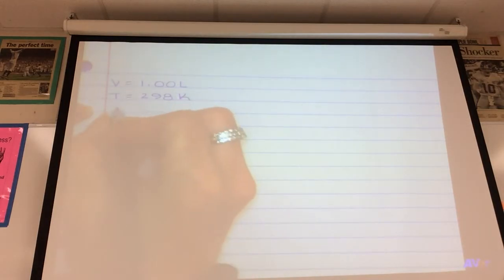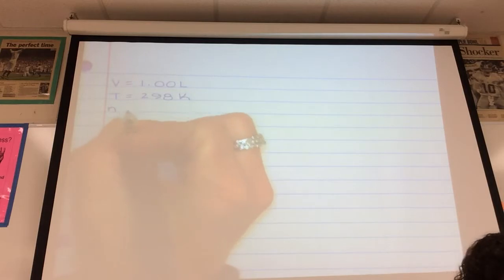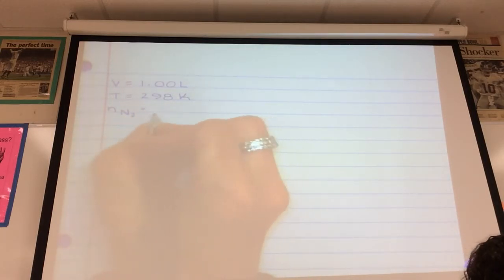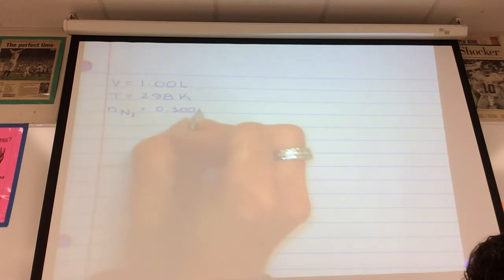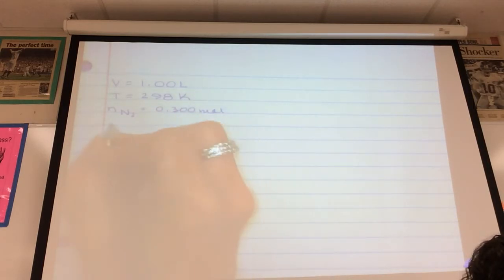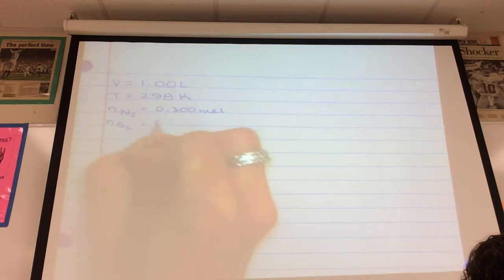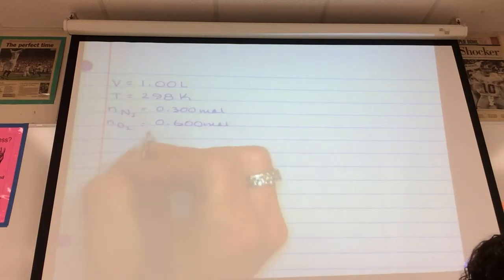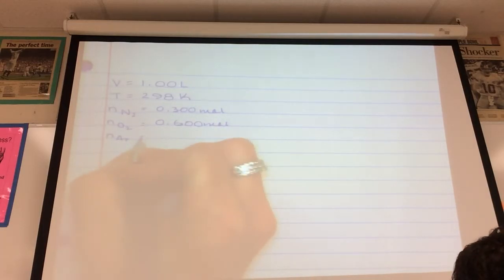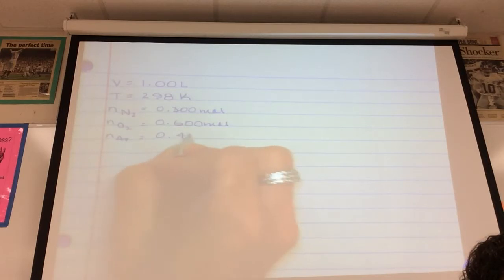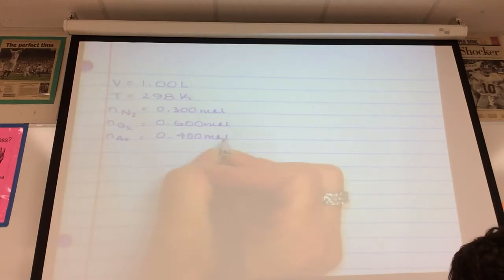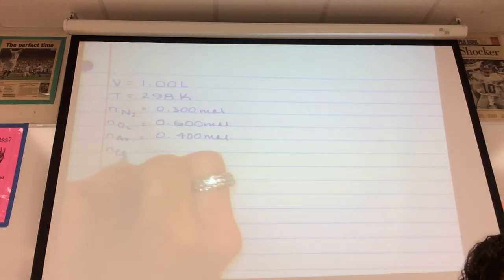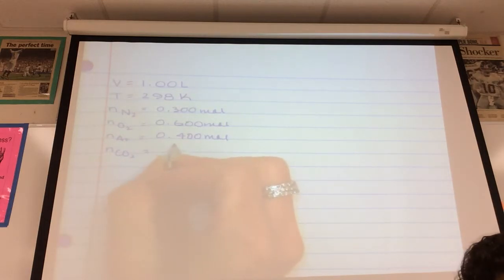Contains moles of nitrogen gas at 0.300, moles of oxygen gas at 0.600, moles of argon at 0.400, and moles of carbon dioxide at 0.200.